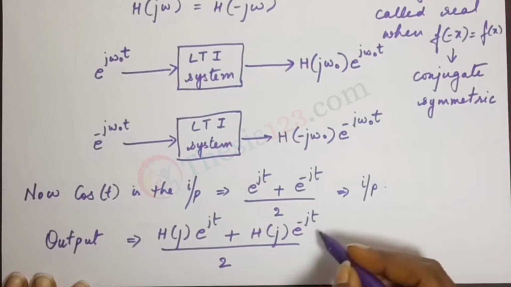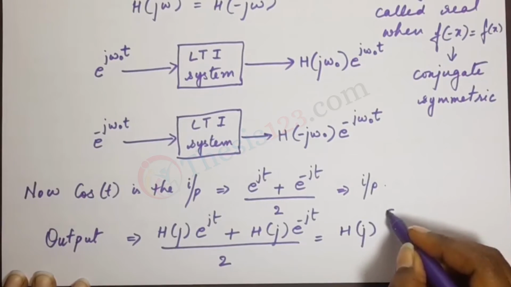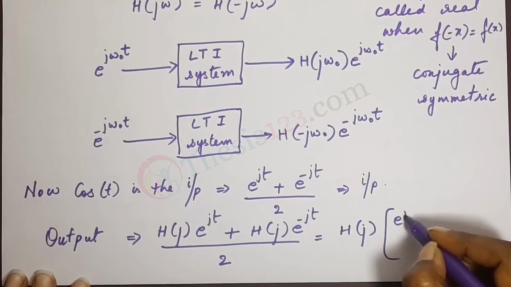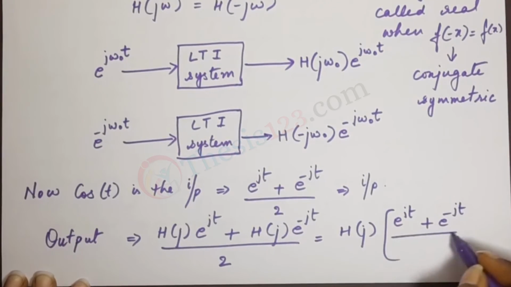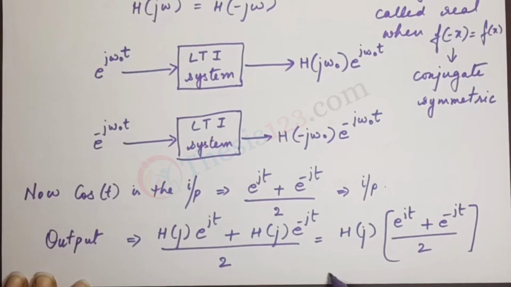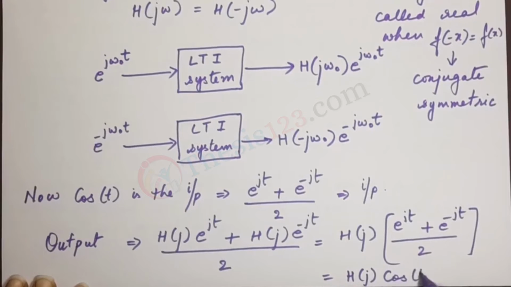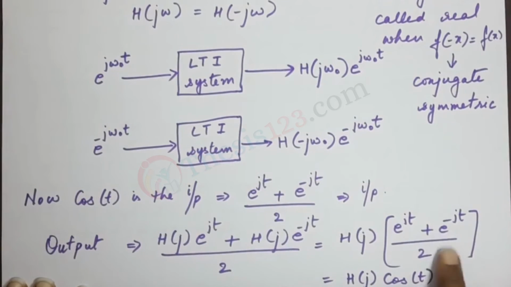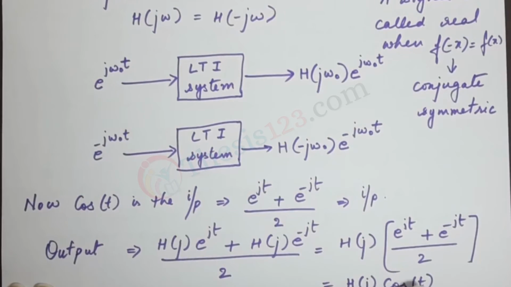Now let's take H(j) out as a common term. If we take this out as a common term, we get (e^(jt) plus e^(-jt)) divided by 2. And that leaves us with H(j) times cos t, because this is again the input cos t.